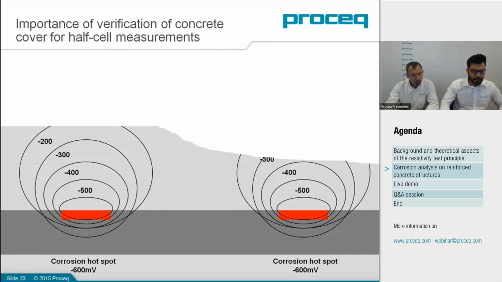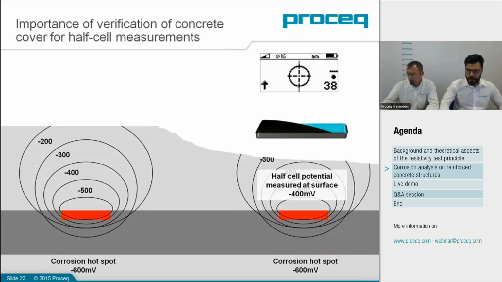But just to give you an example of what difference cover can make to your reading. In this graph, as you can see over here, we're dealing with two corrosion hotspots, both indicating a negative potential. When we do a cover reading over here, you can see that our half cell potential is measured at about minus 400 millivolts.